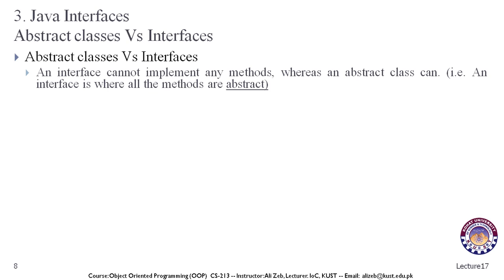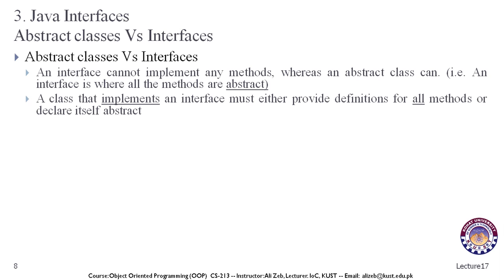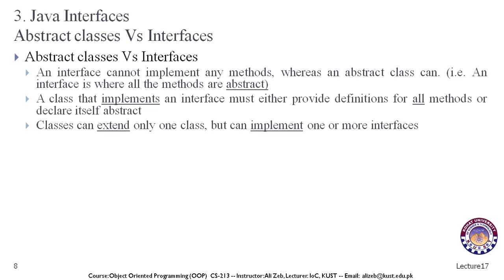We talked about this earlier: we can declare and implement methods in an abstract class, but we only declare methods in an interface, and all of those methods will need to be implemented by the classes that implement that interface. A class that implements an interface must either provide definitions for all methods or declare itself abstract.